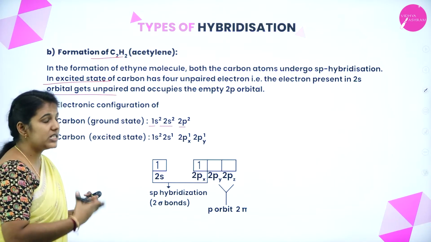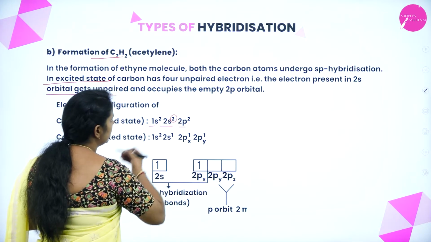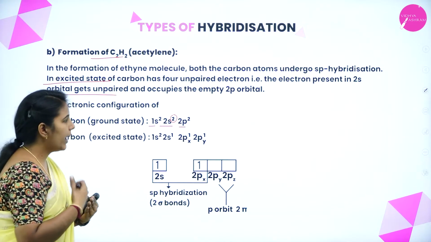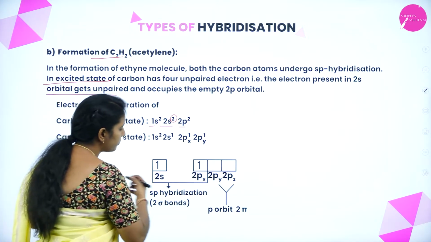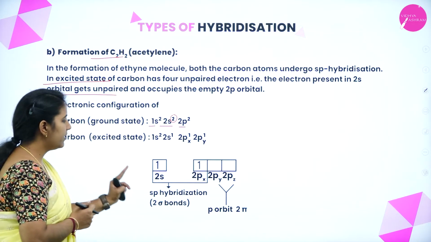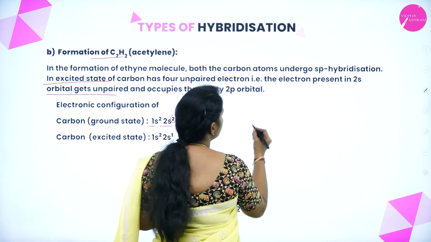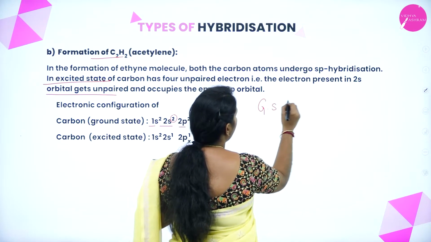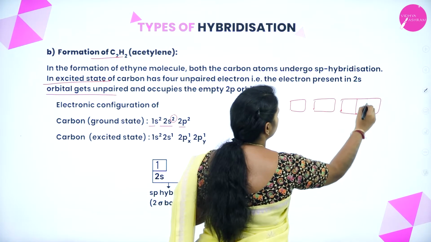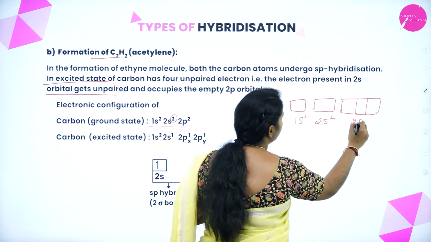But in the excited state, what will happen? Again, the electron which is present in the s orbital gets shifted to 2p. That is, the s and p orbitals overlap and result in the formation of sp hybridization. So in the ground state, it has 1s square, 2s square and 2p2.